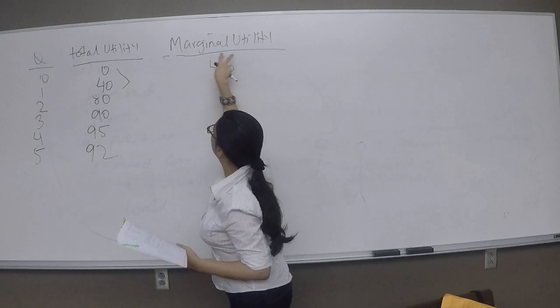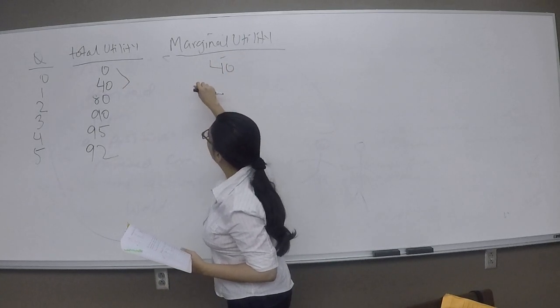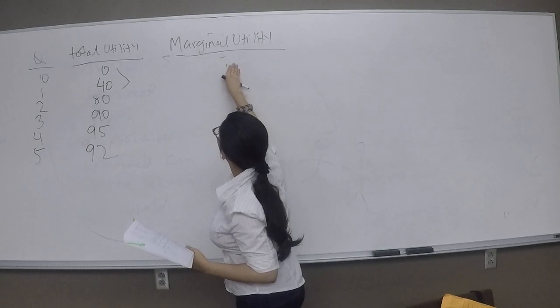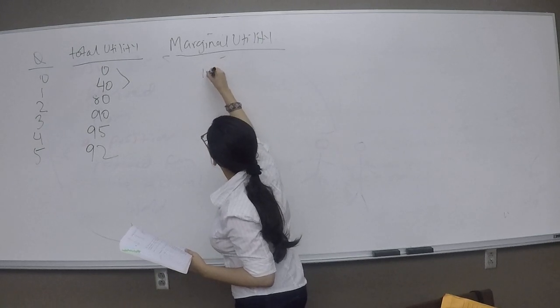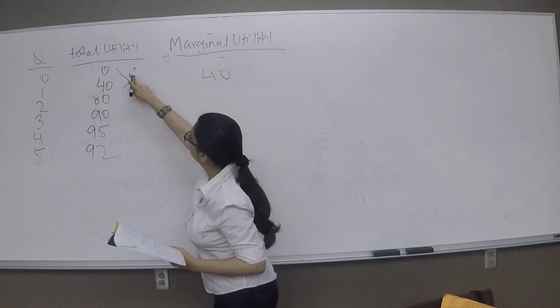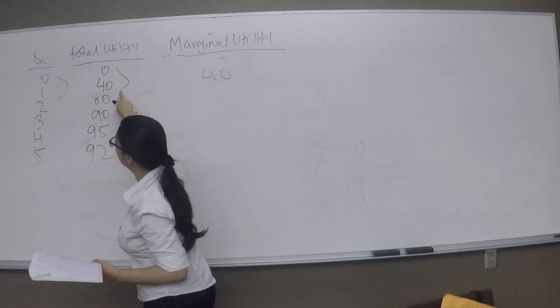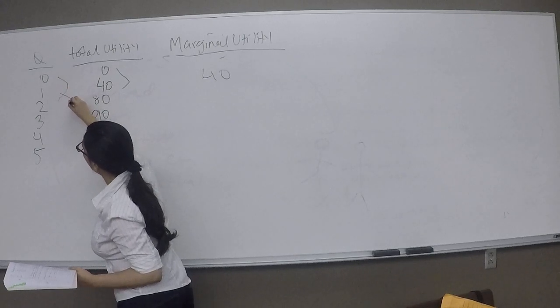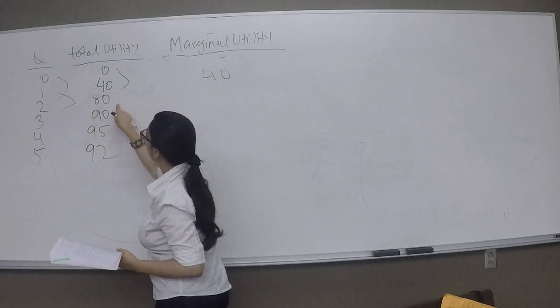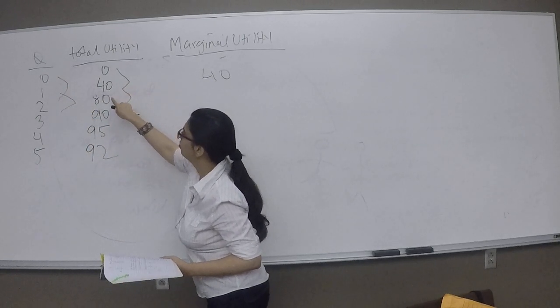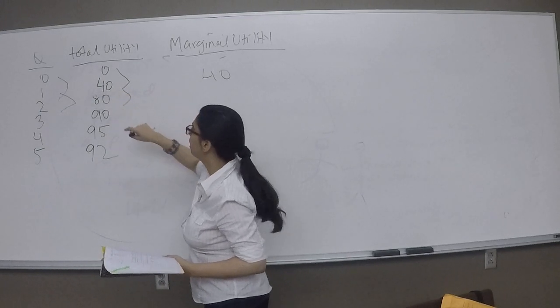For the 0 one, it's 0. For the first quantity, you get utility of 40, because the increase from 0 quantity to the first quantity is 40. The increase from 1 quantity to 2 quantity is also 40, because 80 minus 40 is 40, right?